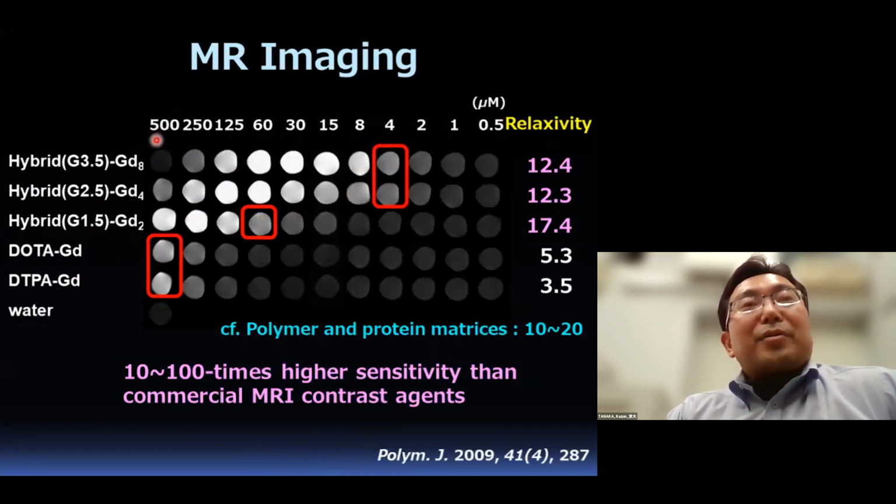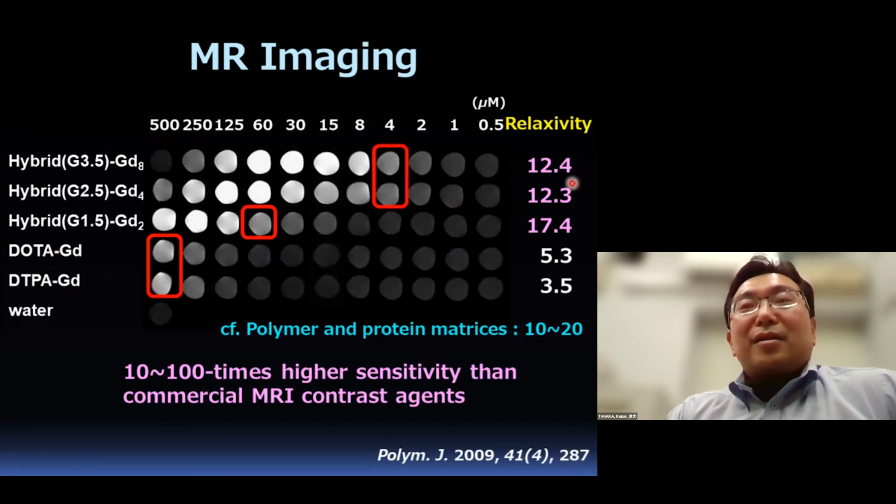And by comparing the minimum concentration values, we can accomplish detecting a clear image even with very low concentration. From these data, we can say that 10 to 100 times higher sensitivity can be obtained compared to the commercially available clinical MRI contrast agent.